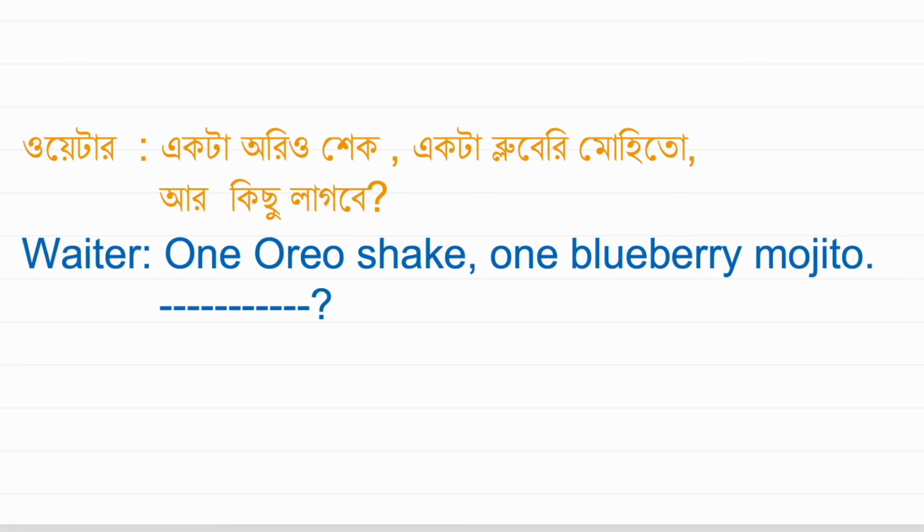Now, another test for you. If you remember what the waiter said to me once he received the names of the drinks I ordered, he repeated the order. He said, ekta Oreo shake, ekta blueberry mojito, ar kichu lagbe? So he said one Oreo shake, one blueberry mojito, and then there's a gap.